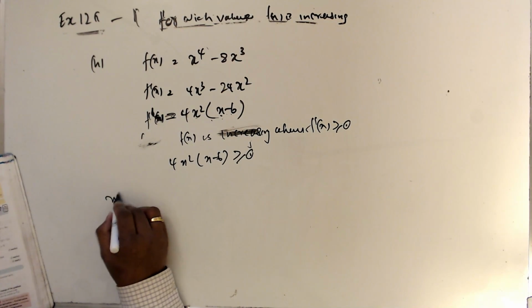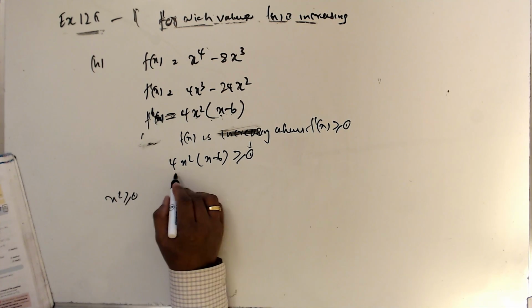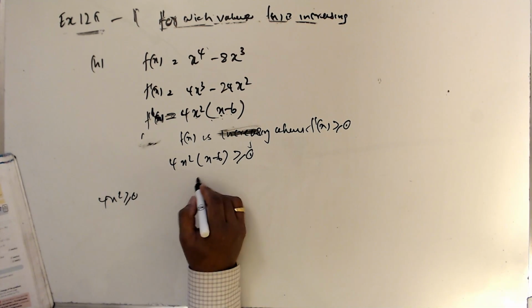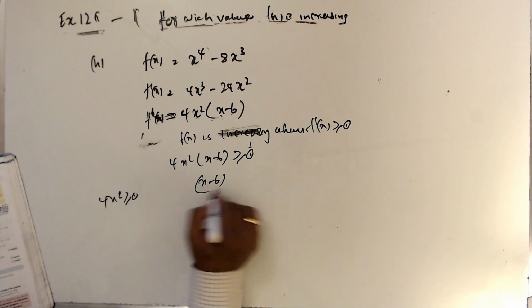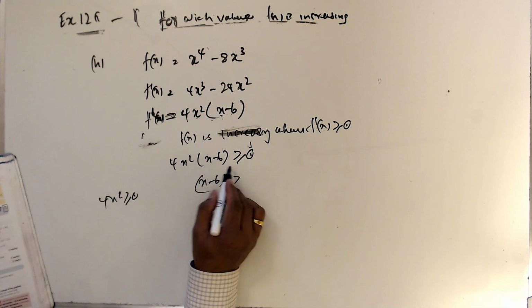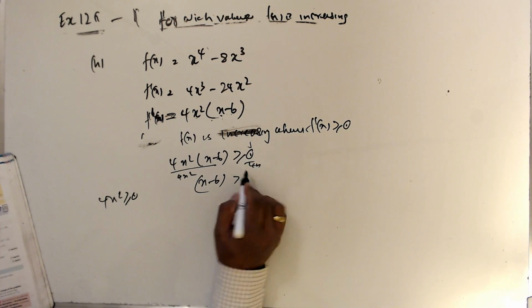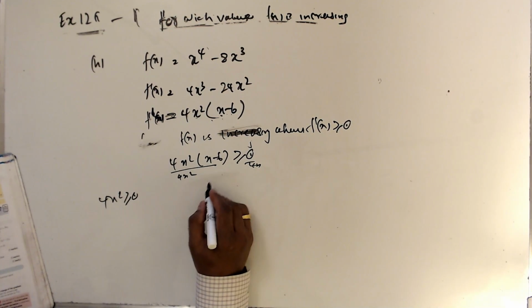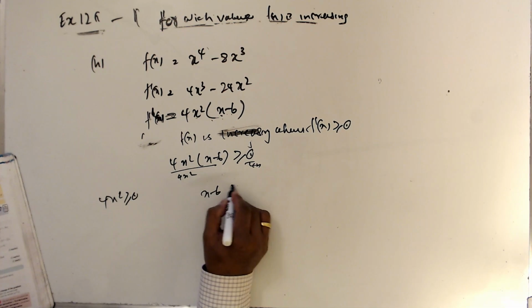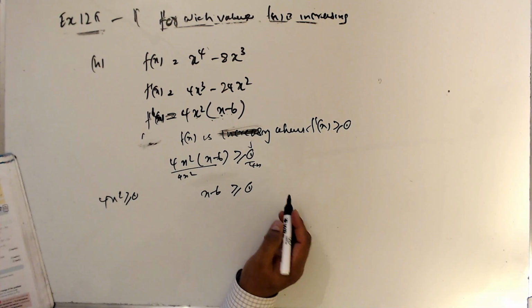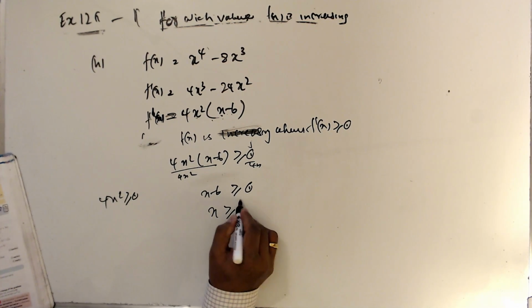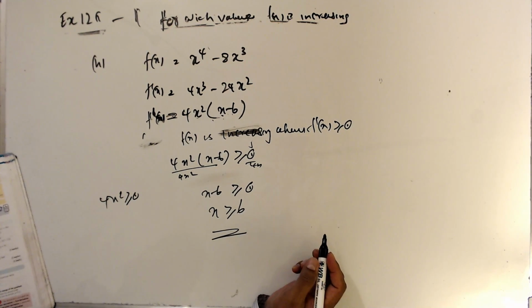Now x squared is greater than or equal to 0, so I will divide 4x squared from both sides. Then x minus 6 is greater than or equal to 0. Then x is greater than or equal to 6.